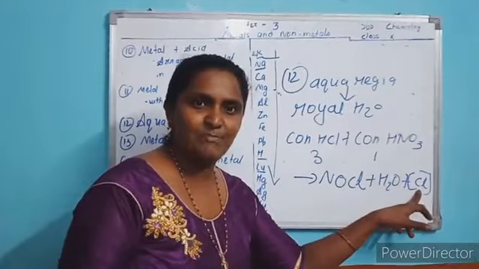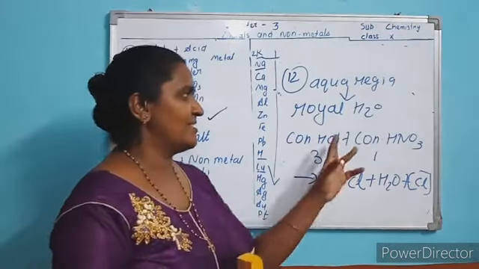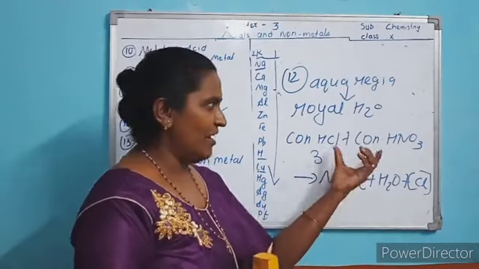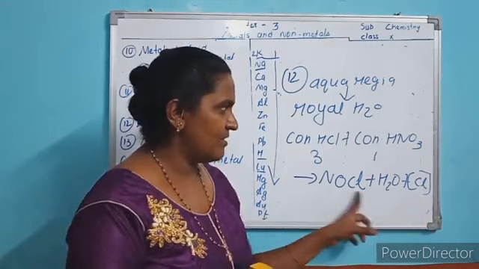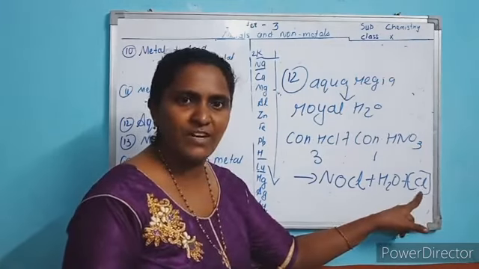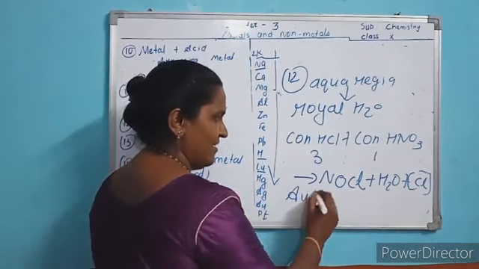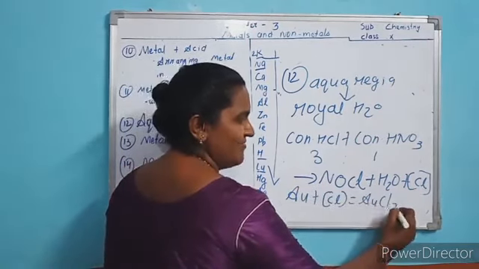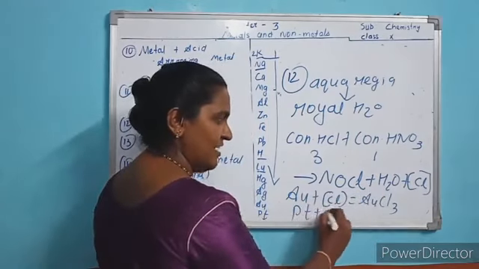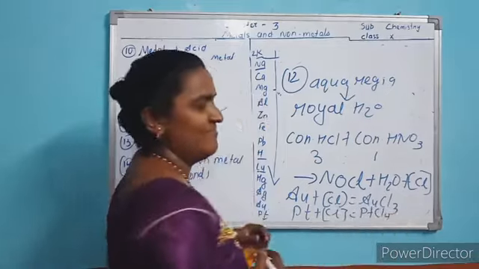Nascent chlorine is responsible for dissolving these metals in this solution, because after mixing they form these compounds. This is responsible for dissolving gold and platinum. Gold reacts with nascent chlorine to give gold chloride, and platinum reacts with nascent chlorine to give platinum chloride.